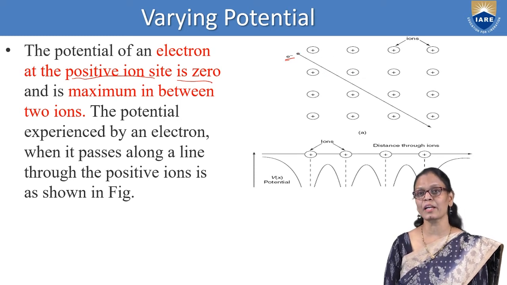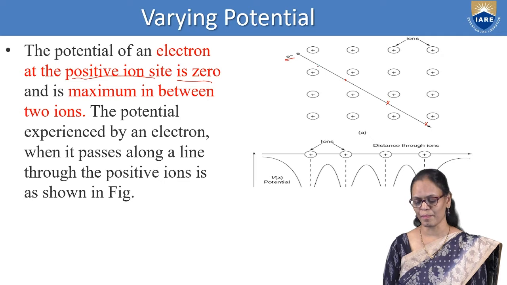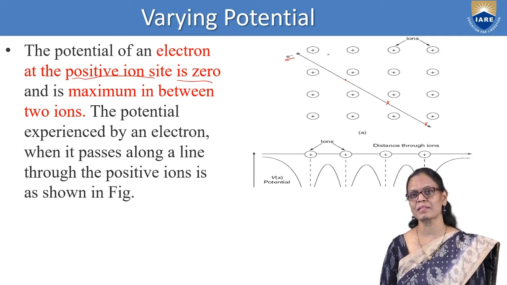By the time this electron comes from here to very near to this site, it becomes maximum. Now again at this position it becomes minimum. So at all positive ion sites the potential is minimum, and in between two positive ion sites it is maximum.